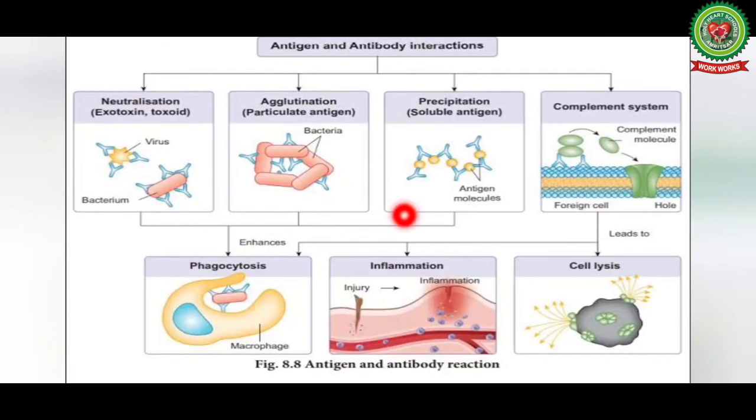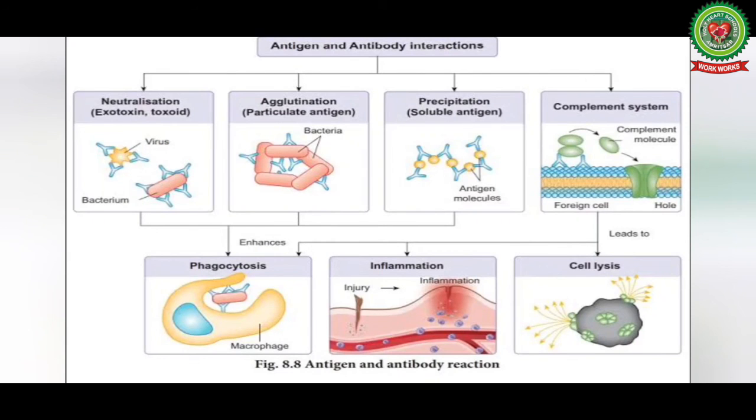So here in this picture, it is quite clear. First, we were discussing agglutination, that is clumping together of bacteria or viruses or other foreign cells. Next, we have discussed opsonization, and the last was neutralization. In neutralization, the antibodies physically block harmful antigens or toxins released by bacteria, making them harmless.